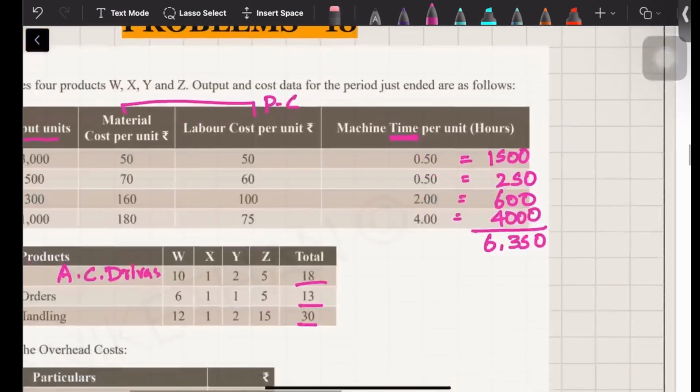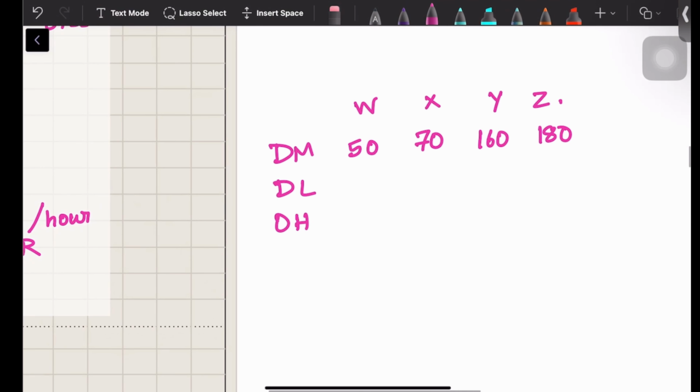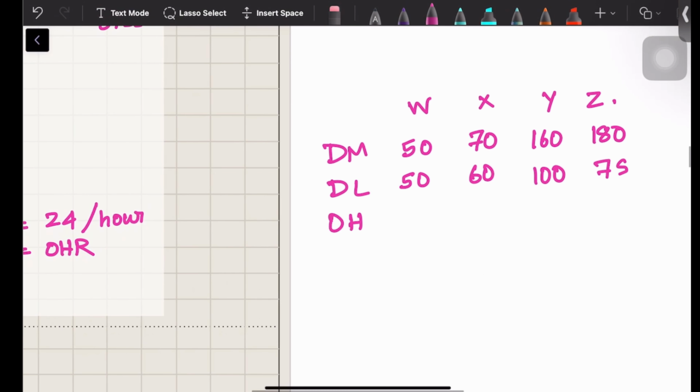Then direct labor. Be careful here, you have to check whether they are given per unit or per hour. If per hour, you will have to multiply by the labor rate if it is given. It is not given, so directly you can take 50, 60, 100, 75. Now overhead, I have to multiply by 24 per hour.